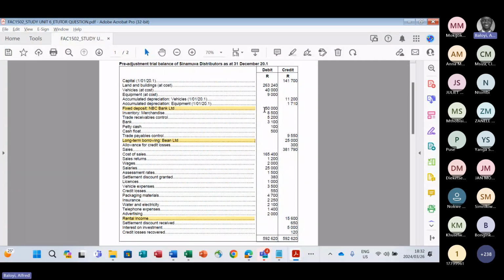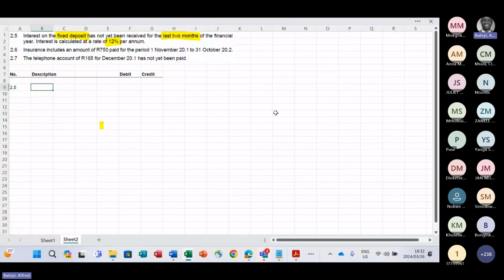So you will say interest on fixed deposit has not been received, so it should be credit income, interest income, fixed deposit, right? And then what are we debiting? We're debiting accrued income.